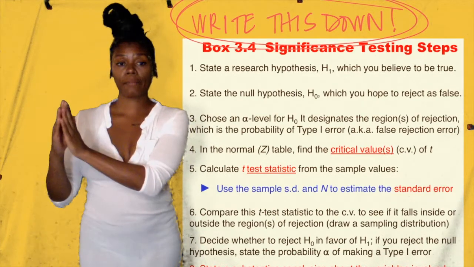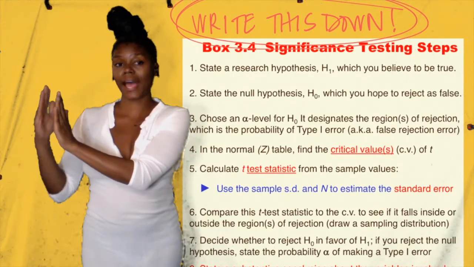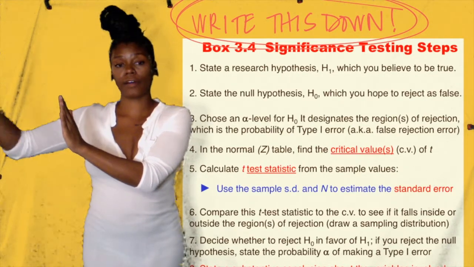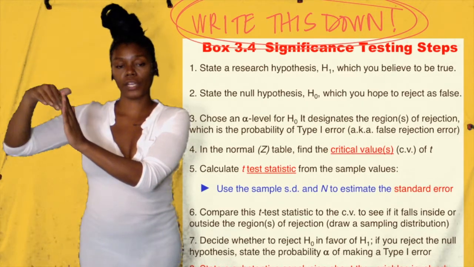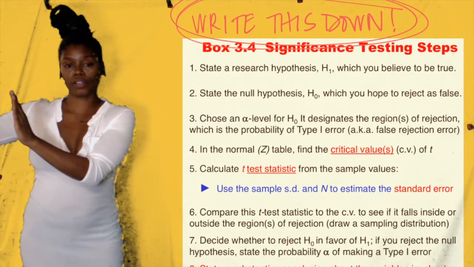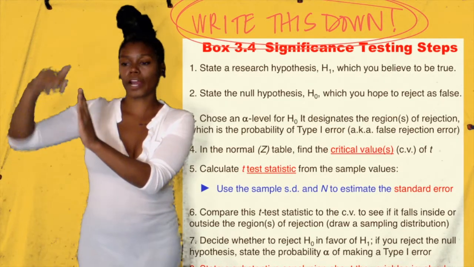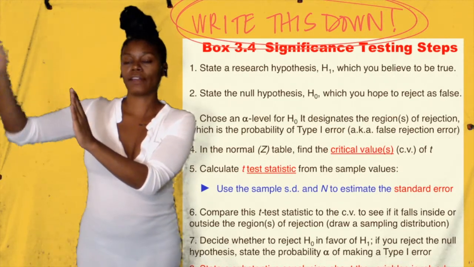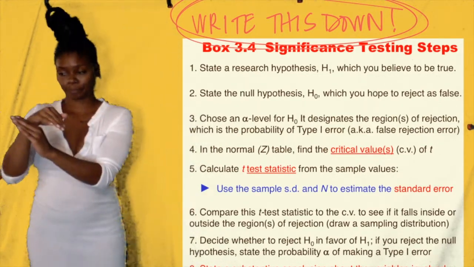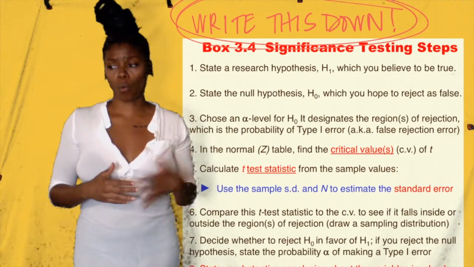So if you were to map that onto a standard normal distribution, any value of t higher than 1.65 is going to find itself in that region of rejection. So we can reject the null hypothesis. If it finds itself outside of that, then we cannot reject the null hypothesis. And again, that is about alpha area and type 1 error.